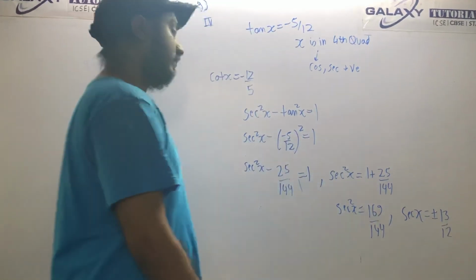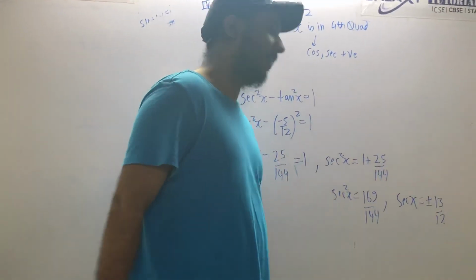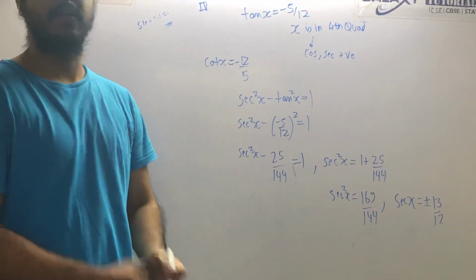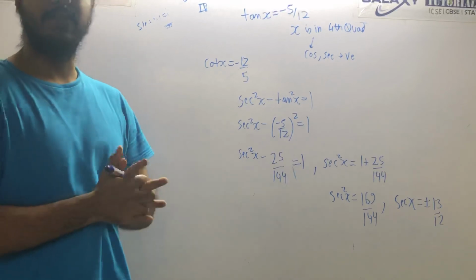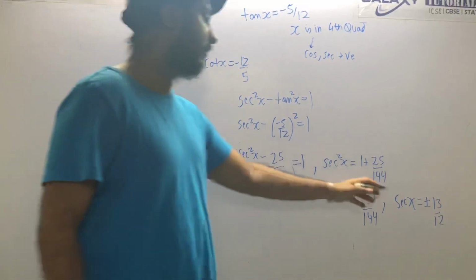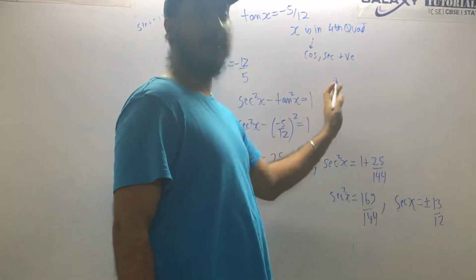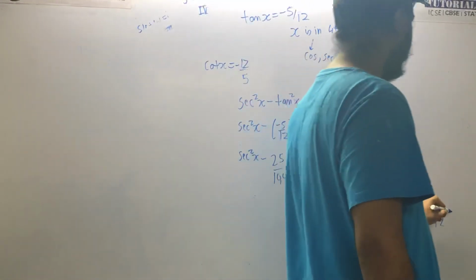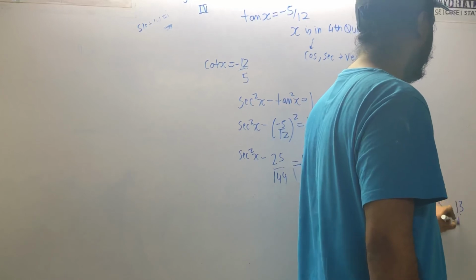Now two possibilities, sec can be positive or sec can be negative. So which value will you take? You will take the positive value. Why? Because it is in the fourth quadrant. So you will write here 13 upon 12.